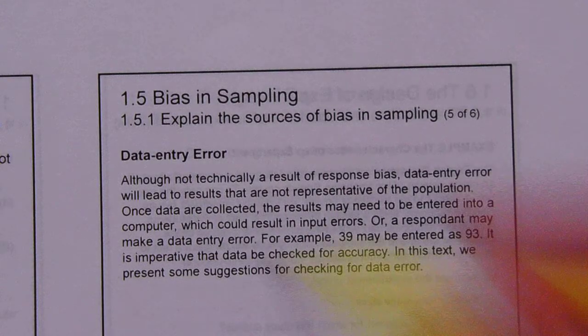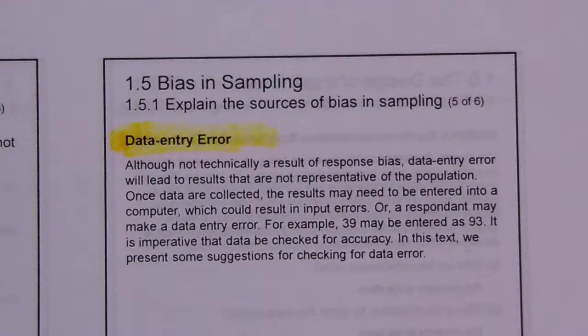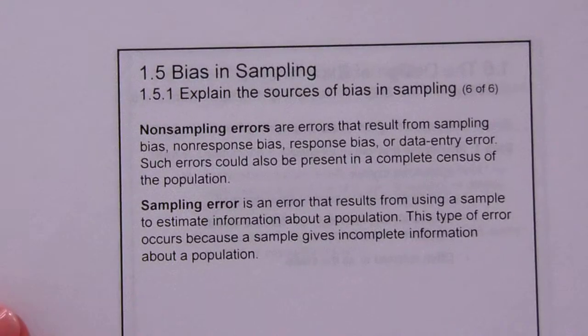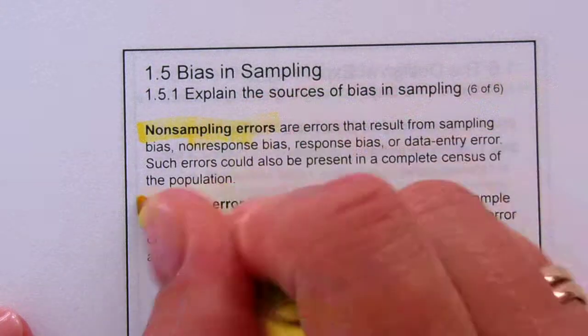Then there's always data entry error. Okay, so the person either recording the data or putting it into the computer makes an error. And then there are non-sampling errors and sampling errors.